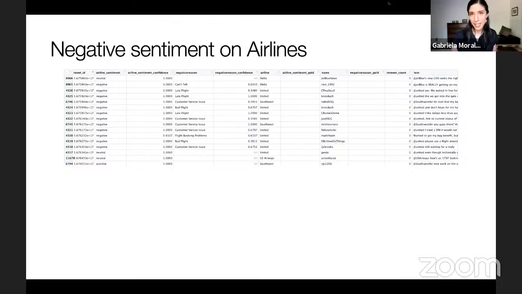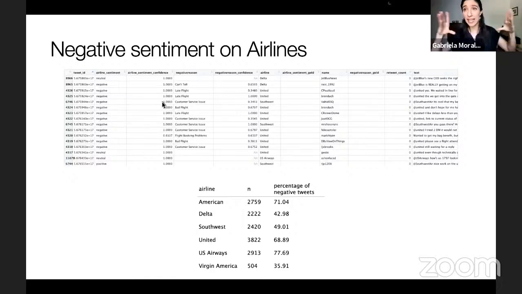So you will learn how to deal with these big data sets and how to present them, compress them, summarize, and group in a meaningful way. So I did it in this way. I was just interested in the percentage of negative tweets.